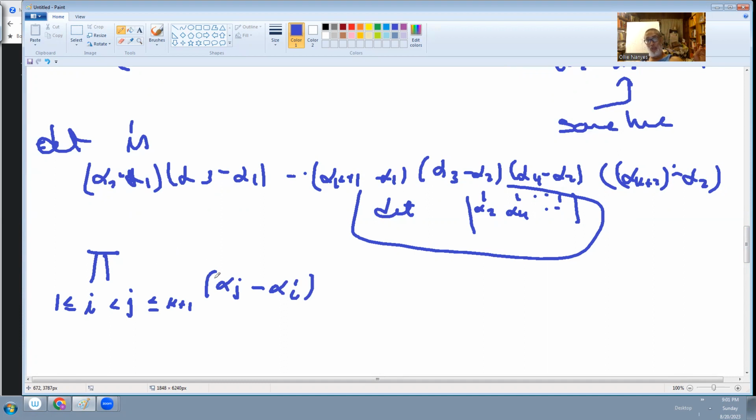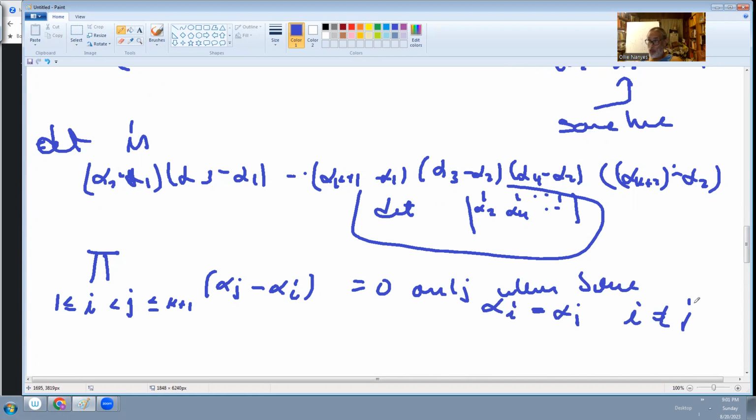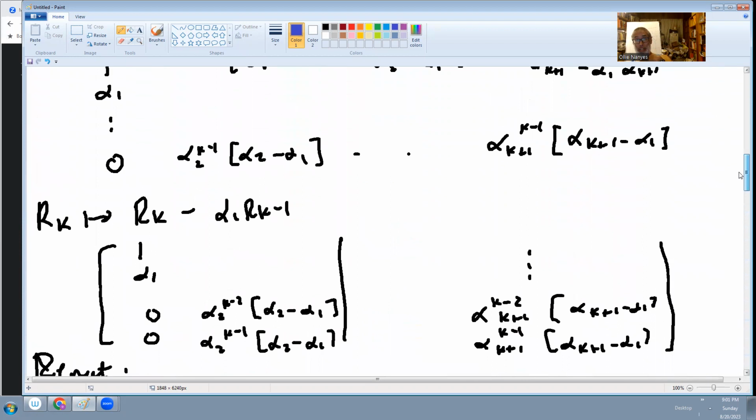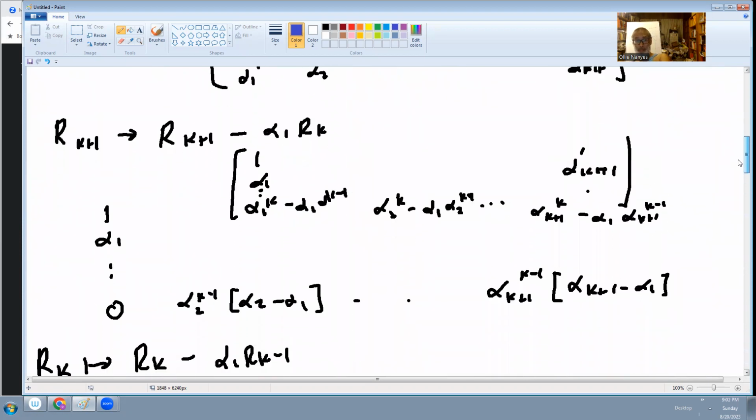So basically the product of all possible differences, where j is further in the order than i. That's where j greater than i comes from. And this is equal to 0 only when some alpha i is equal to alpha j and i is not equal to j. Otherwise, the matrix is non-singular. In the language of differential equations, the Wronskian is non-zero.